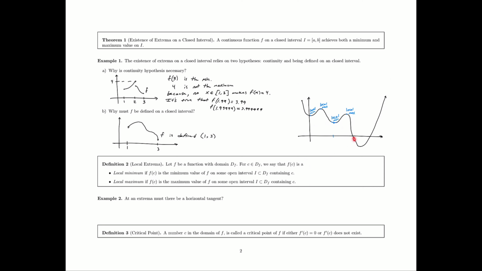But because I changed the curvature of this graph, we now get an additional local minimum. It just so happens that not only is this the smallest value in the immediate vicinity, it's also the smallest value everywhere. So while this is a local min, it also is a global, sometimes called absolute, minimum.